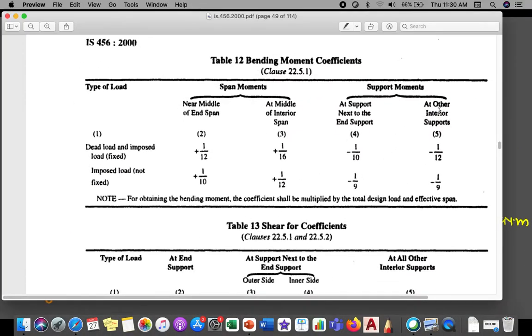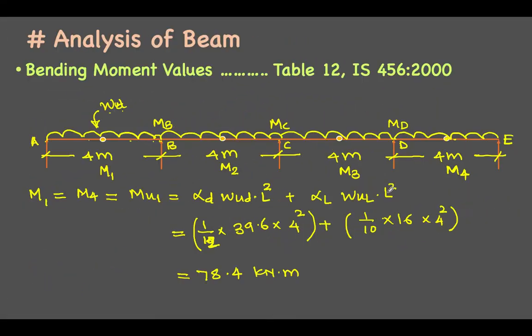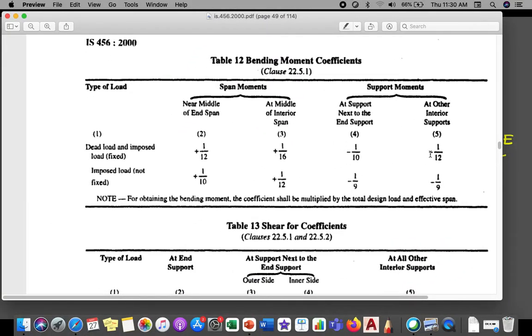Now which point remains? At other interior supports. If we refer to the diagram, A and E are end supports, B and D are next to end support, and C is the other interior support. What is the value for other interior support? You can see minus 1 by 12, minus 1 by 9.